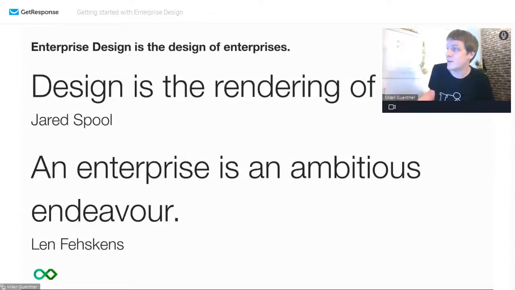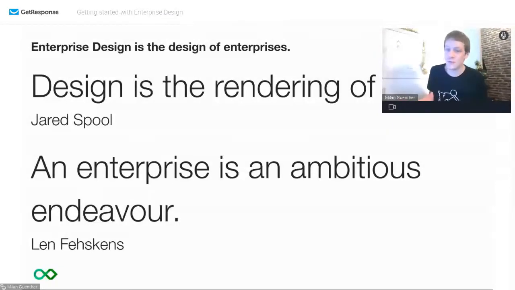But so what is it actually? And the shortcut that we are taking here, that is heavily inspired by Lou Downe when they talk about what is service design: enterprise design is the design of enterprises. So the enterprise, if we want a well-designed enterprise, design is making that happen. So what is an enterprise?